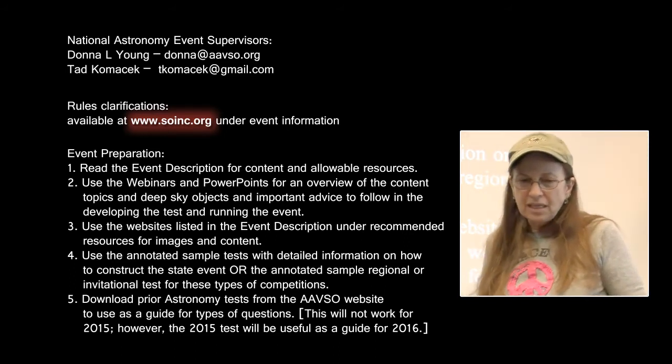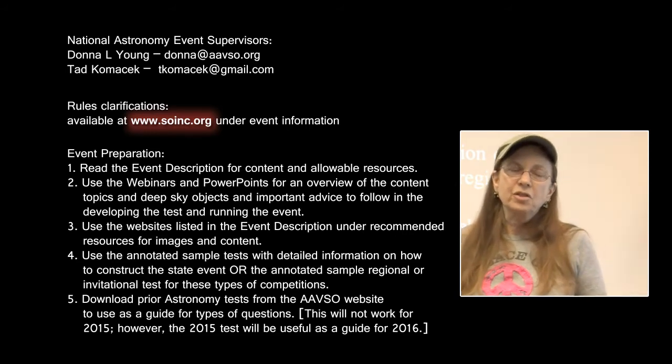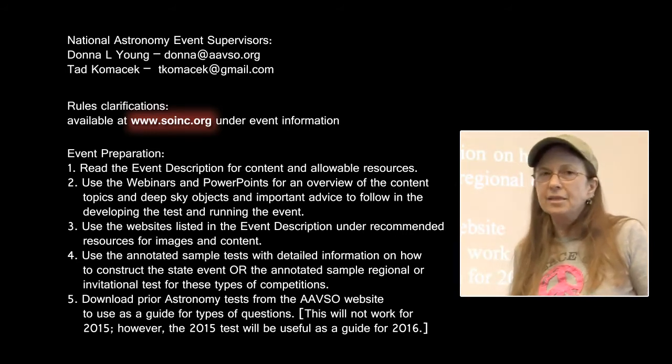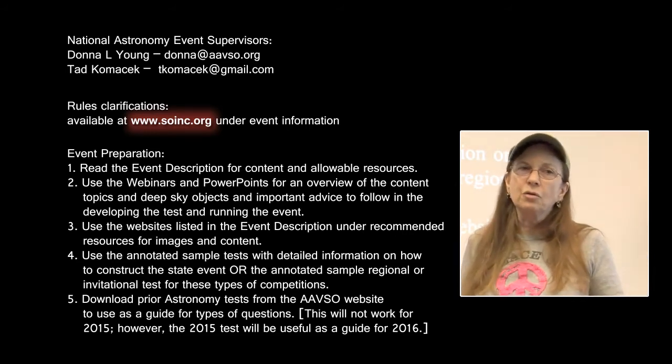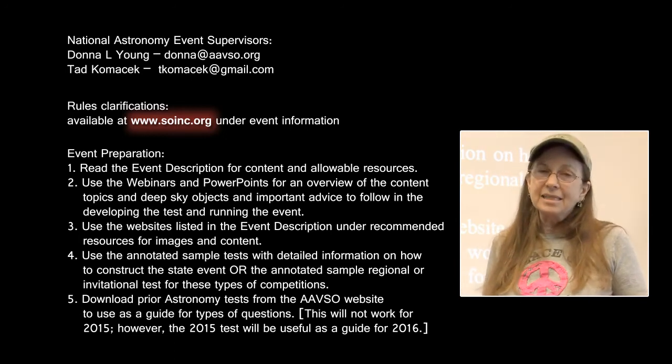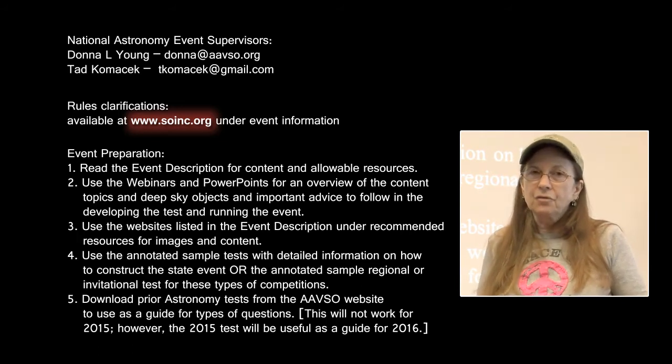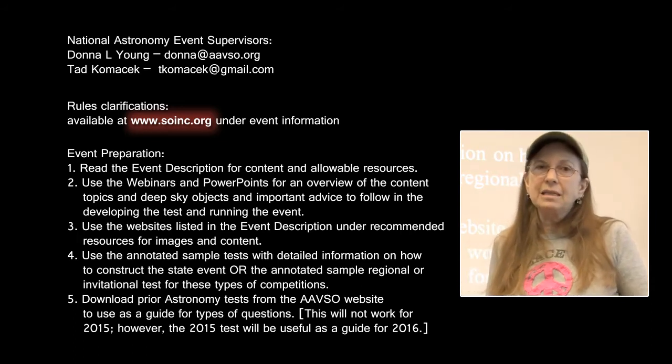Normally, from the American Association of Variable Star Observers website, the AAVSO website, you can also download the tests from prior years to use as a study guide. Students use them as guides to study for each year's event, and you could also use that as a guide to construct the 2015 event.